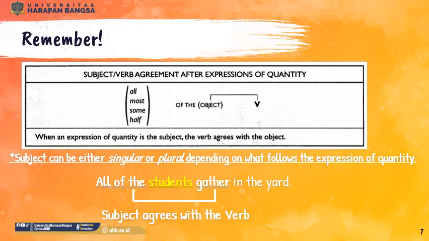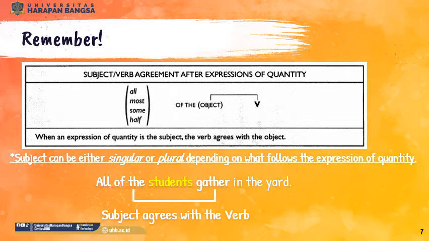So when we have expressions of quantity, for example, all of, most of, some of, and half of. Remember, the subject is after the expressions of quantity. Subjeknya adalah setelah expressions of quantity. Setelah kata all of, most of, some of, dan half of.